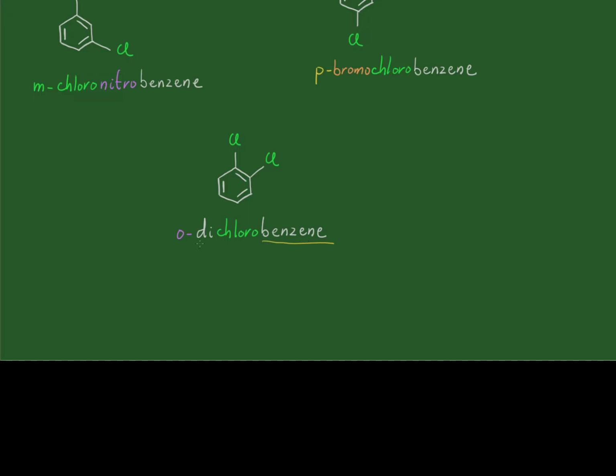It's telling us that we have two chloro substituent groups, and it's telling us that those two chloro substituent groups are ortho to each other, next to each other. Another name for this compound would have been 1,2-dichlorobenzene.